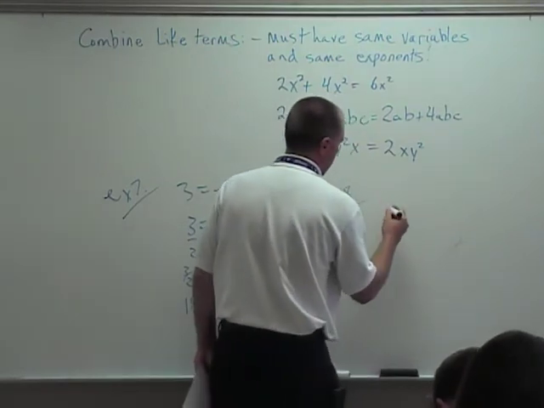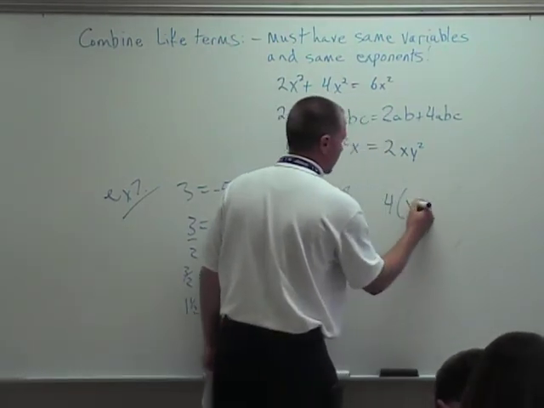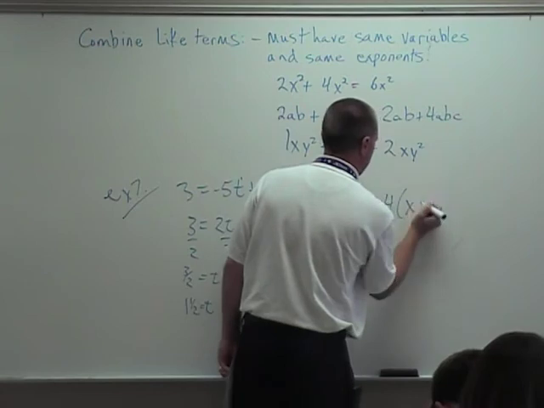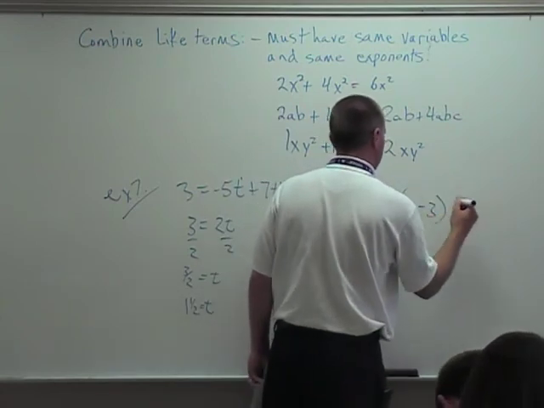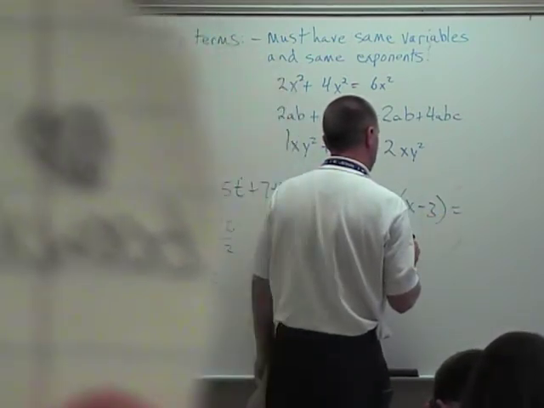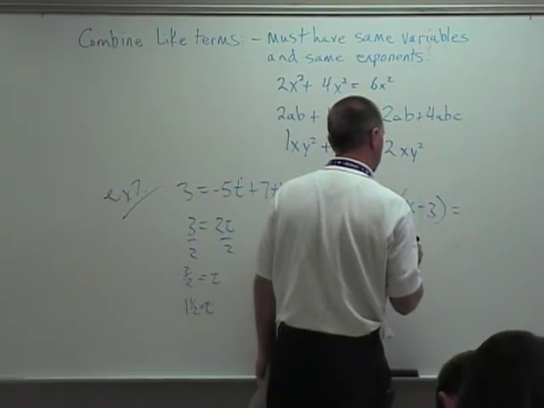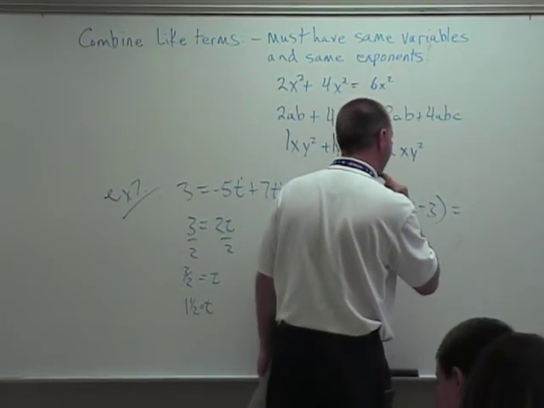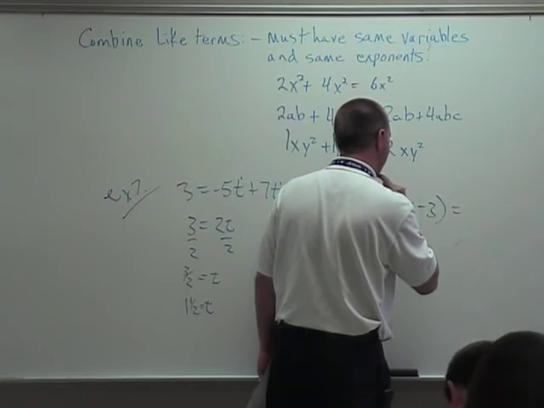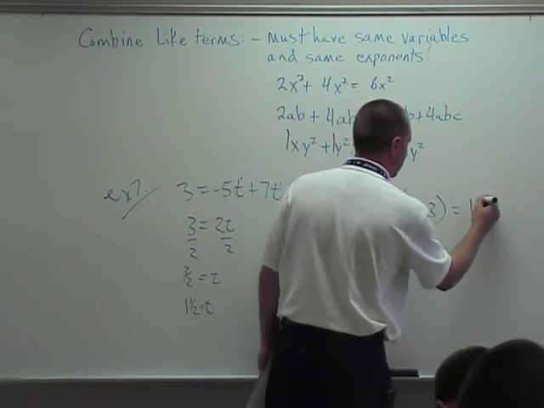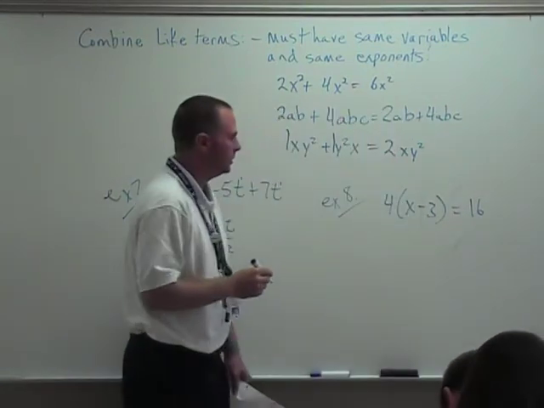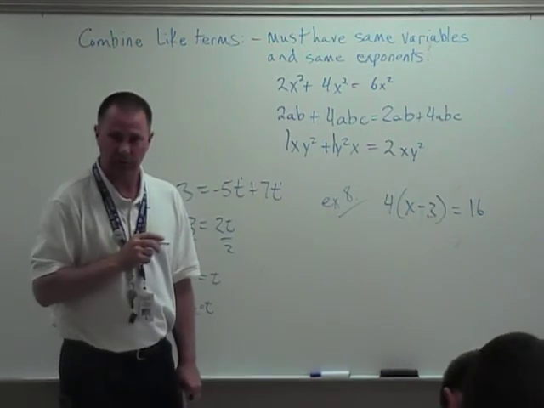One last thing, I'm going to add this to my notes. Example 8. Let's go 4 times the quantity x minus 3 equals 16. 2 ways you can do this.